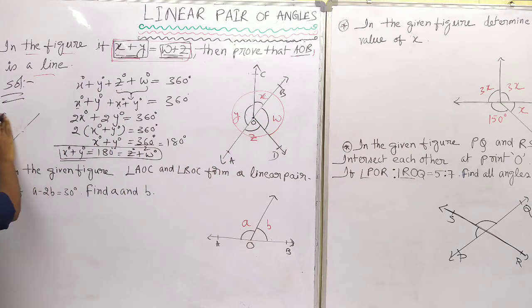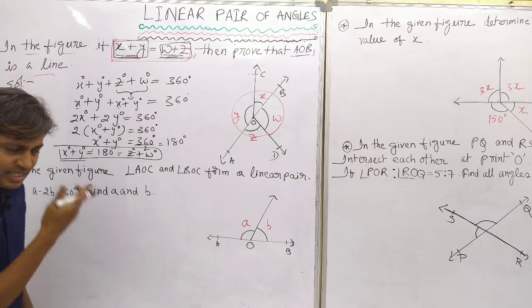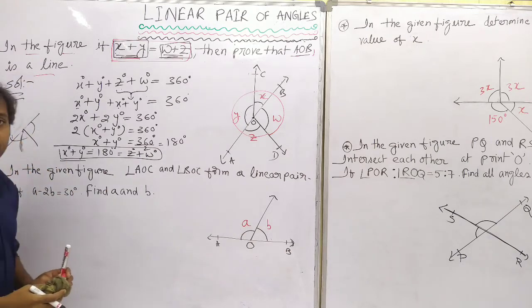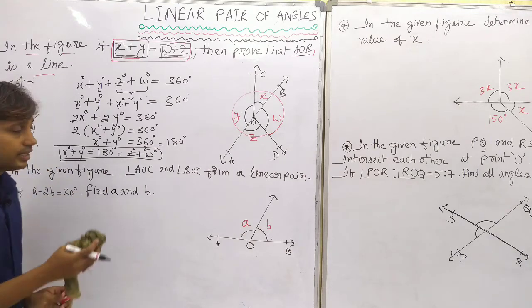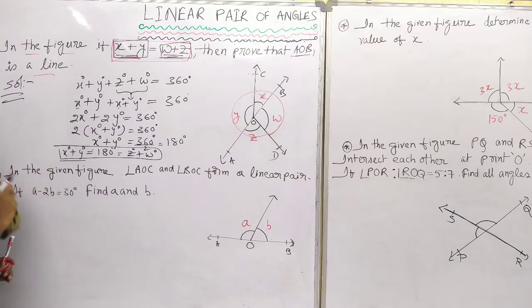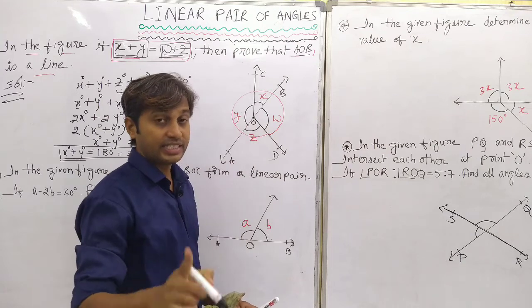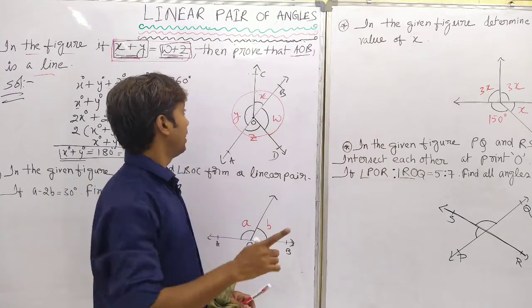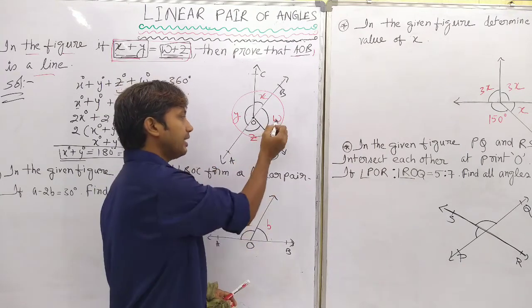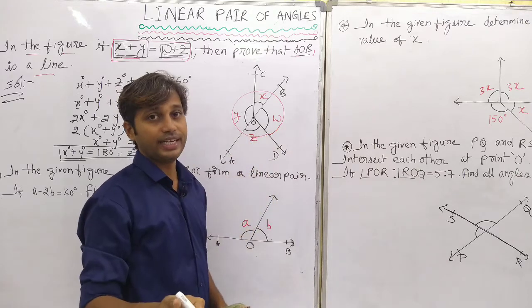On the other hand, here also we got the sum of these two angles equal to 180 degrees. That means this is also representing a linear pair of angles. Got it? So from this, what is clarified? Here x and y sum is 180 degrees. That means they are representing a linear pair, and here w plus z is also 180 degrees.